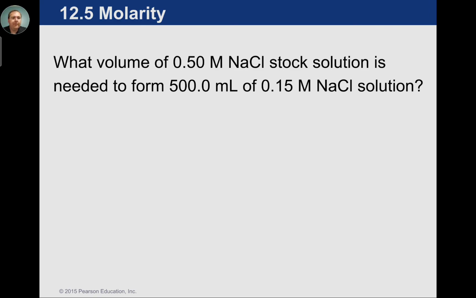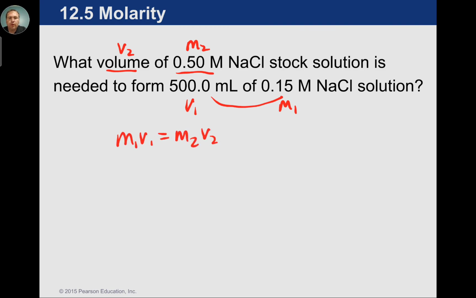So let's try one. Notice what we have here is 2 numbers together, and then 1 number by itself. That just means that here's your V1 and your M1. Here's your M2, and volume V2 is missing. As long as you keep those numbers that are together in the problem, this one's pretty quick. So if M1V1 equals M2V2, let's take 0.15 capital M, its volume of 500 milliliters.